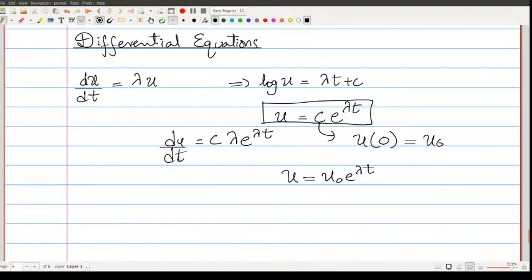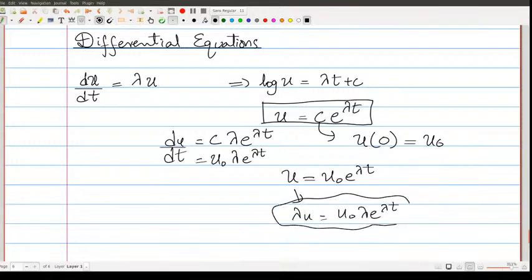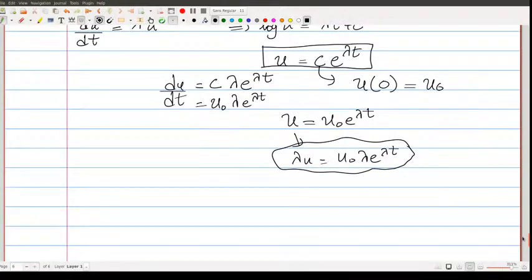Right, did I do this correctly? du dt is equal to c lambda e to the lambda t. Right, so du dt is then simply u0 lambda e to the lambda t, and we can see that that's just the same as u being multiplied by lambda. So if I multiply u by lambda, lambda u is just going to be u0 lambda e to the lambda t. Right? That's a very simple differential equation that you can solve using basic calculus.